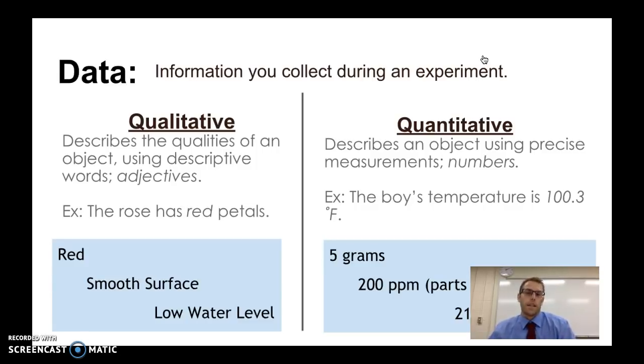Then I could also have quantitative data. When you think of quantity or quantities in math, these are numbers, and these are helpful because they allow for precise measurements that we could all agree on or understand from group to group or from person to person. So for instance, 5 grams, 21 degrees Celsius. This would be an example of quantitative data that we could possibly get.